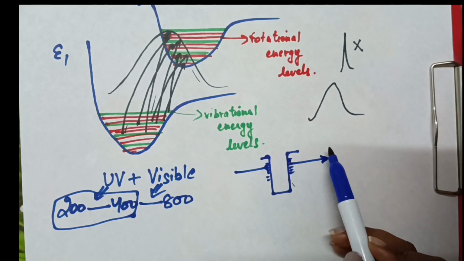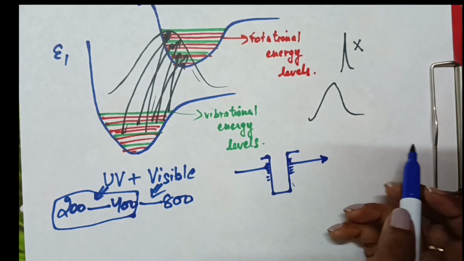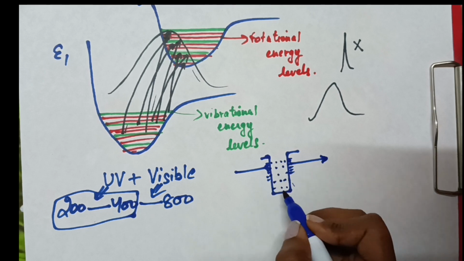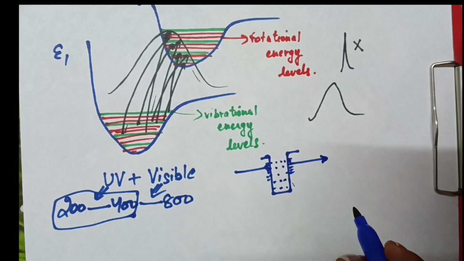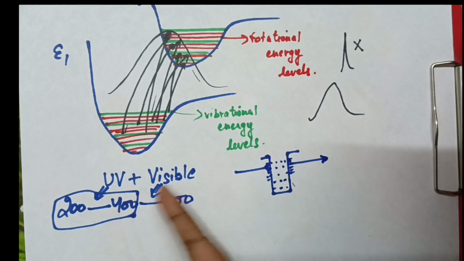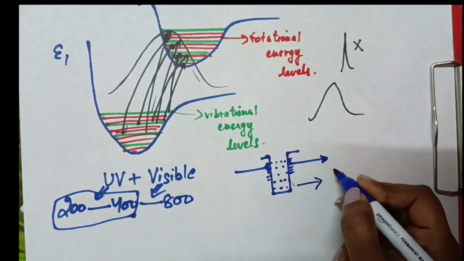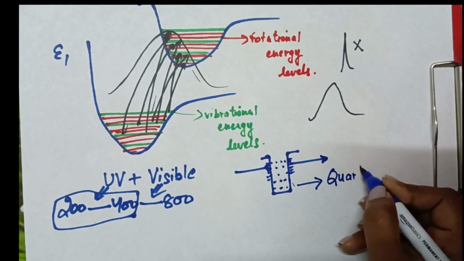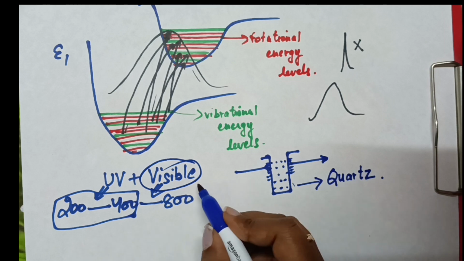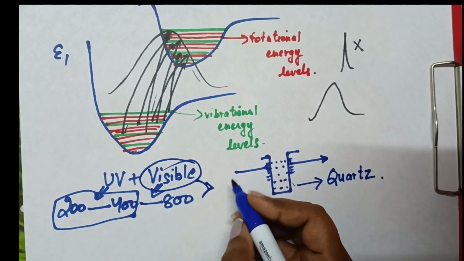Inside the cuvette we have the solution which we want to analyze. If we want to operate in the UV region, this cuvette is made of quartz. If we are operating in the visible region, then this cuvette could be of glass.